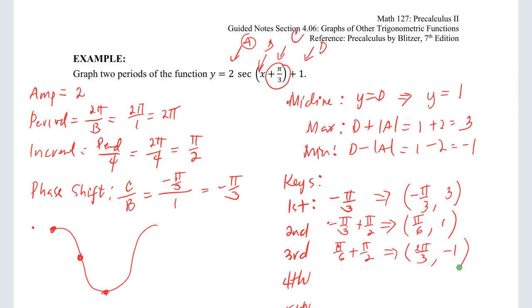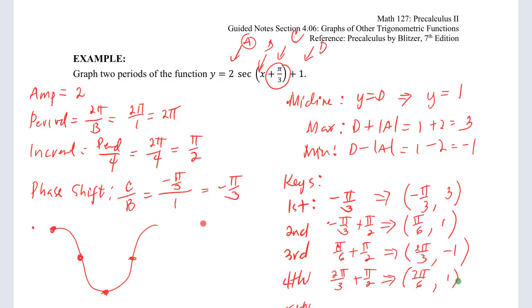Okay, all right. Next up, we now have 2 pi over 3 plus pi over 2, which gives you a value of 7 pi over 6. And then going up here to the midline, so therefore that is 1.